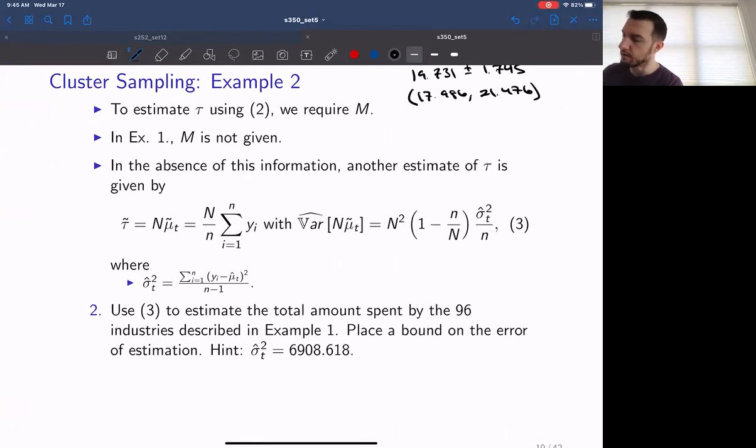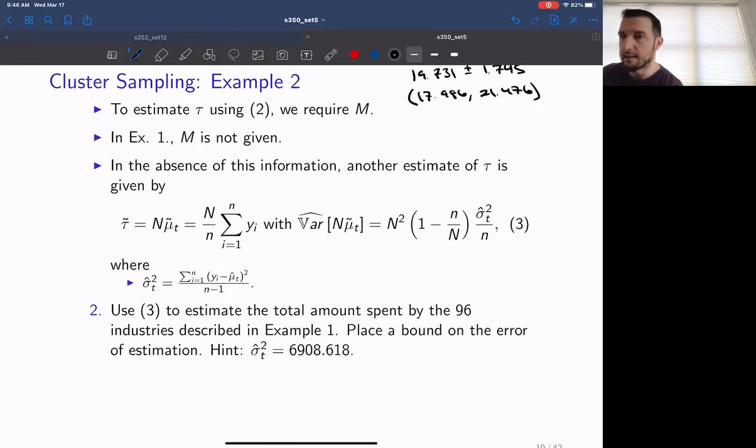So this is simply capital N times the sum of the variable of interest divided by little n. This is also a traditional estimator in some sense, a form of the traditional tau estimator, but the difference is that we're using only the cluster sizes. So we have capital M, capital N, and little n, and the sum of the yi.